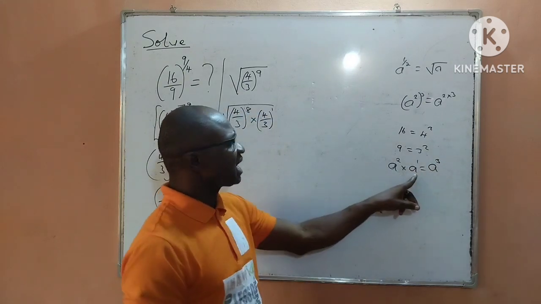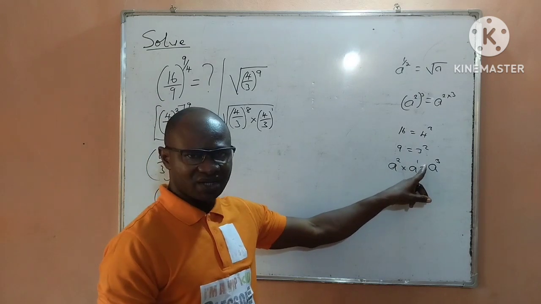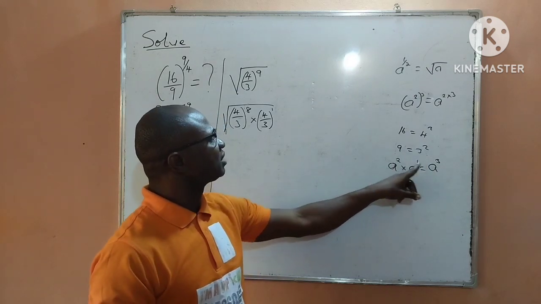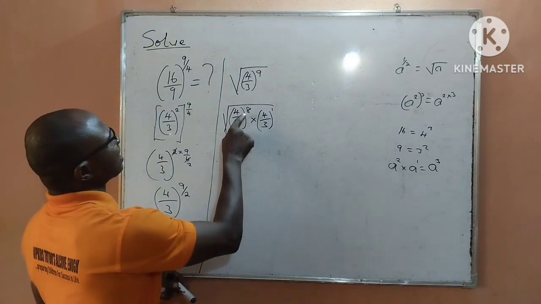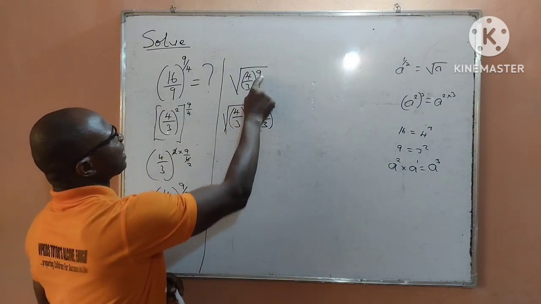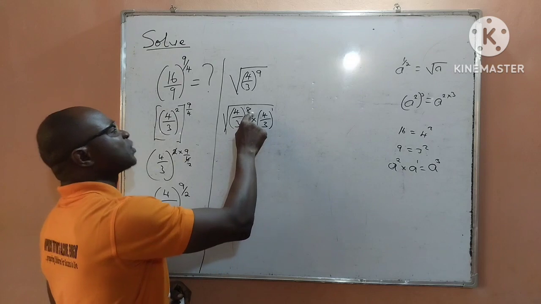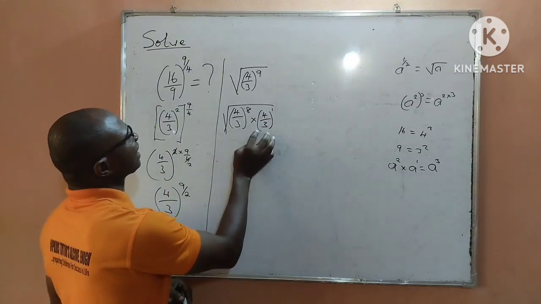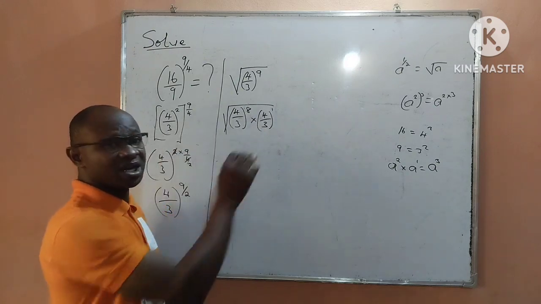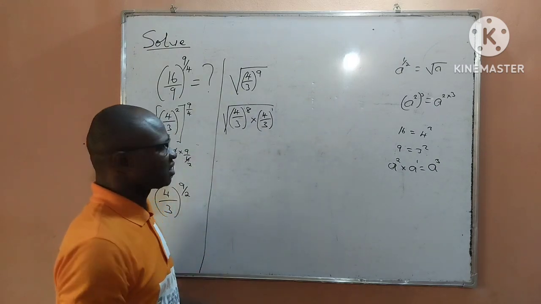When the bases are the same, you add the powers. Therefore, if I add 2 and 1, I will get 3. That is what this means, that 4 all over 3 raised to power 9 is the same thing as 4 all over 3 raised to power 8 multiplied by 4 all over 3 raised to power 1. Such that if I want to make it singular, I add the powers since the bases are the same. So this is very correct.